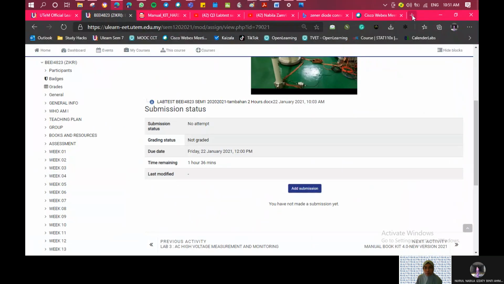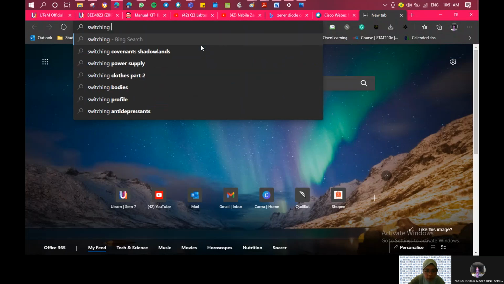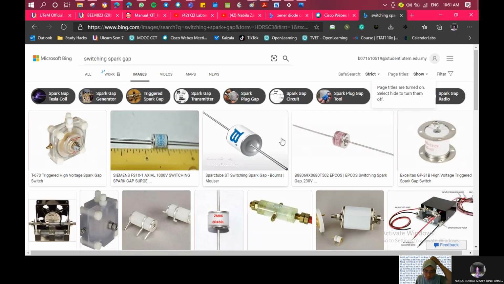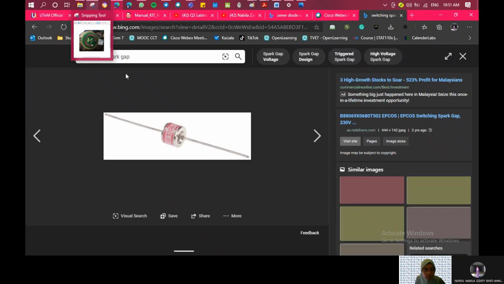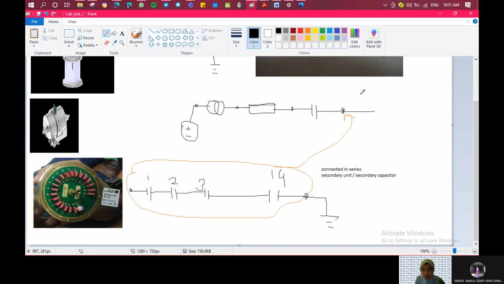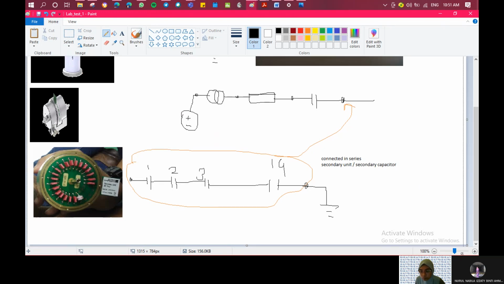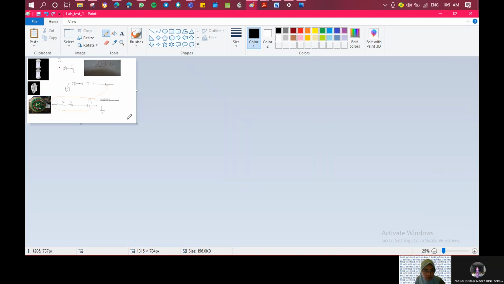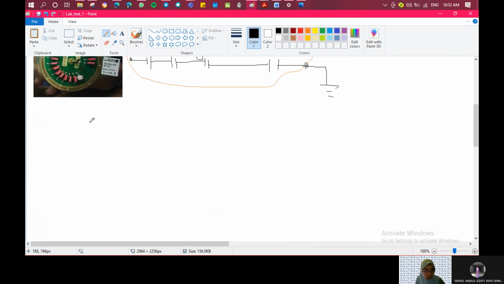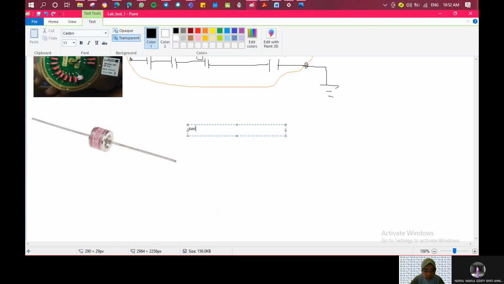We look at the switching spark gap. This is a switching spark gap.